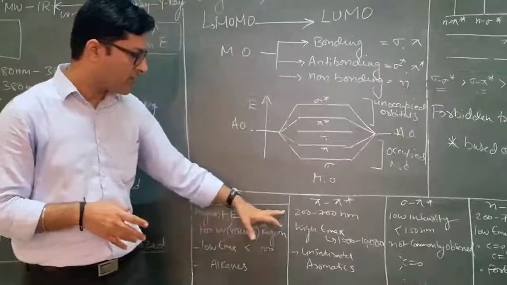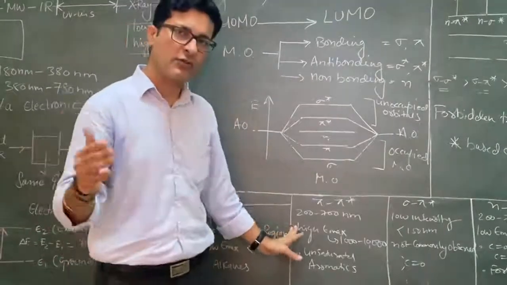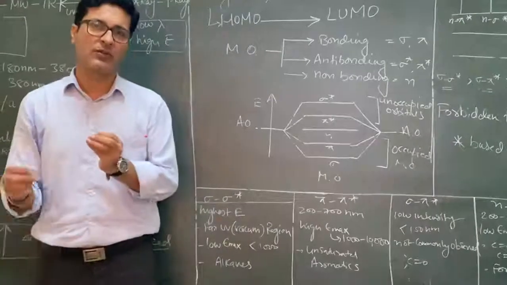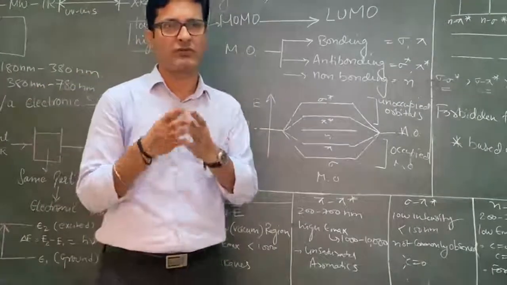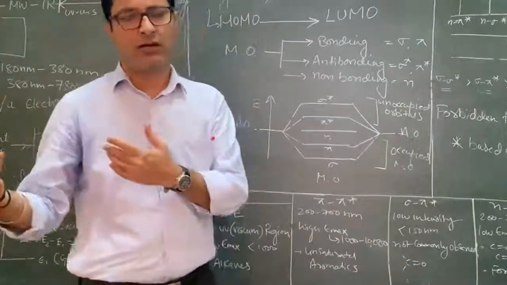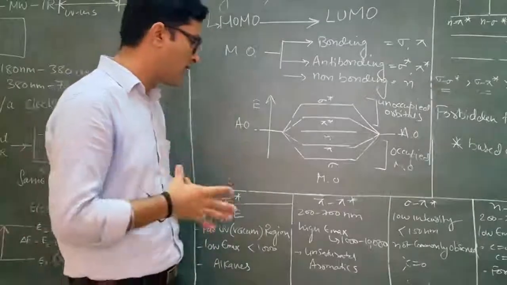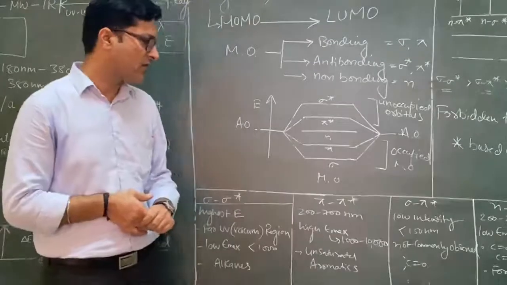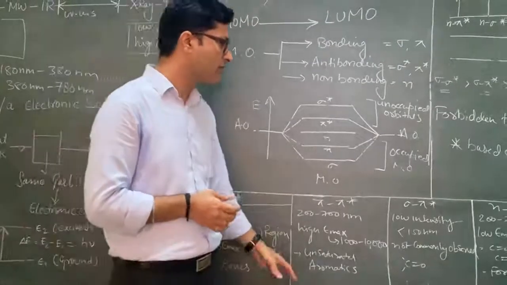They have the highest Emax value, ranging from 1000 to 10,000, and all unsaturated and conjugated compounds like alkenes, alkynes, dyes and aromatic compounds can show such pi to pi star transitions.